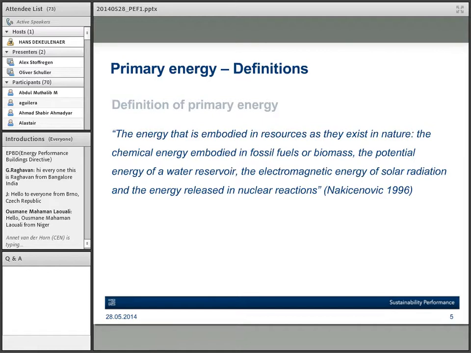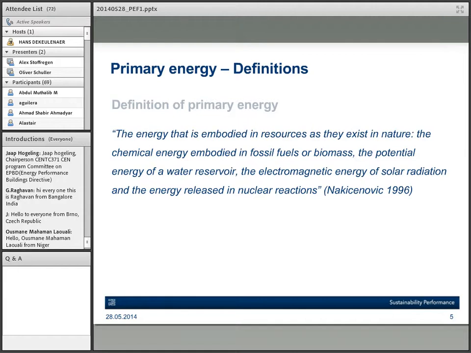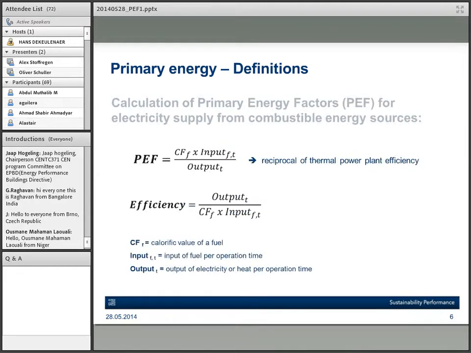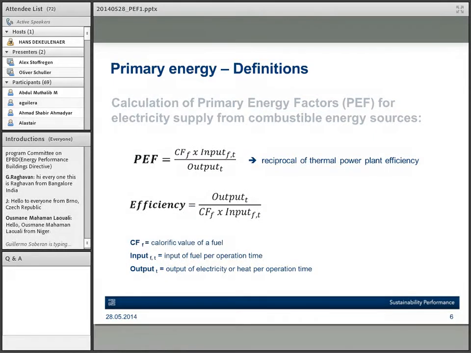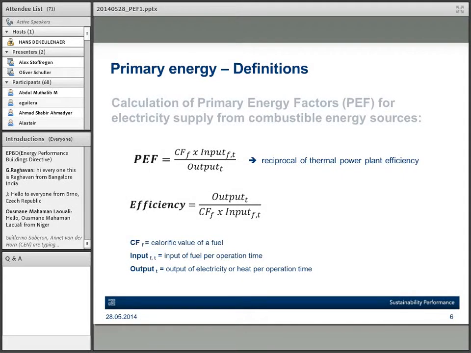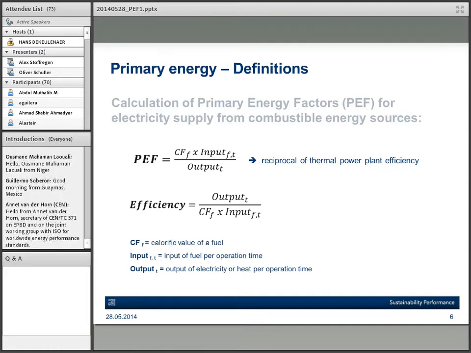For combustible fuel, we use the famous primary energy factors, which express how much primary energy I need to produce a unit of electricity or heat. So if we look at combustible fuels, it is basically the calorific value of a fuel multiplied by the input for a certain time divided by the output.